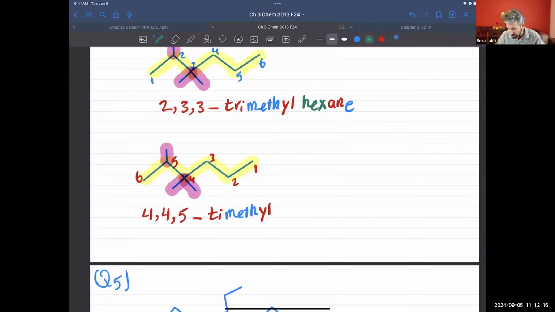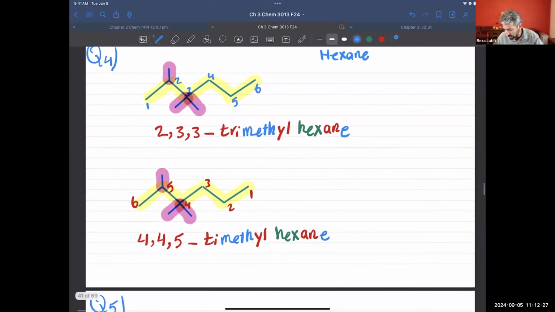And then what's the name of the main chain? It's made of 6 carbons, so you say hexane. Okay, call this one A, and call this one B.